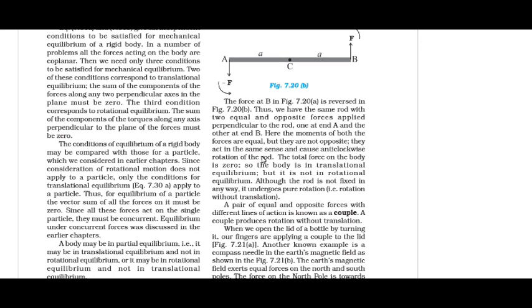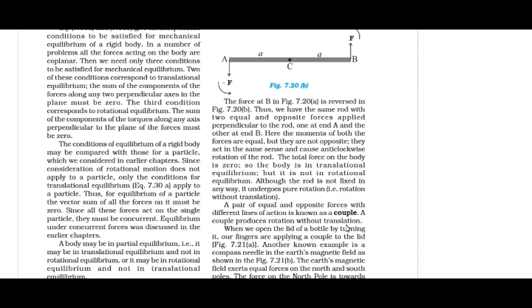They act in the same sense and cause anticlockwise rotation of the rod. The total force on the body is zero, so the body is in translational equilibrium, but it is not in rotational equilibrium. Although the rod is not fixed in any way, it undergoes pure rotation, that is, rotation without translation.